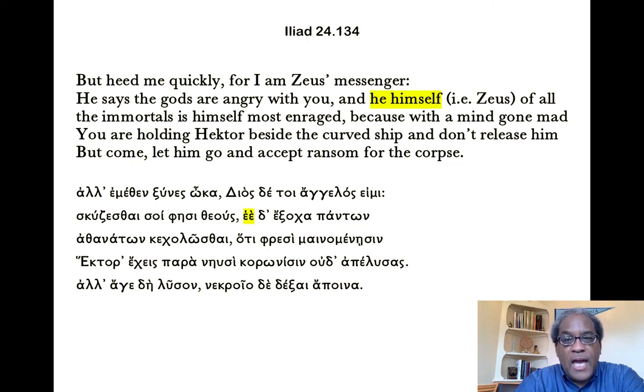He says the gods are angry with you, and he himself, i.e. Zeus, of all the immortals, is himself most enraged, because with a mind gone mad, you are holding Hector beside the curved ships, and don't release him, but come, let him go, and accept ransom for the corpse."